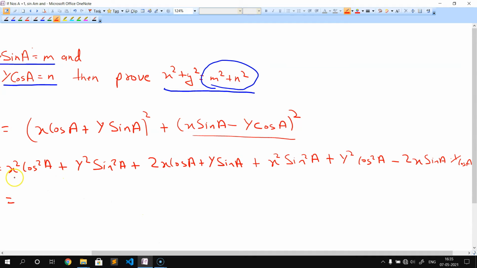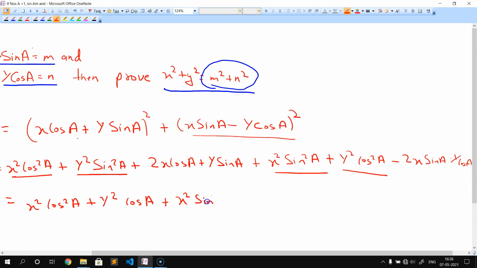So from here we can see that x square cos square a and y square cos square a, so we will bring them together, and just like that x square sin square a plus y square sin square a.